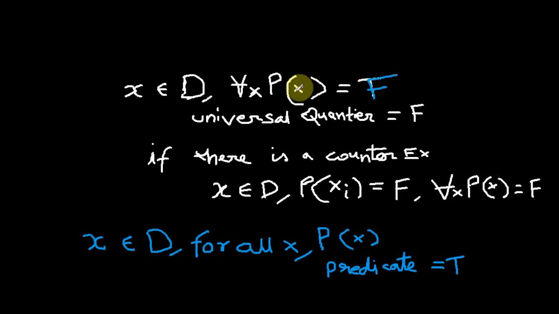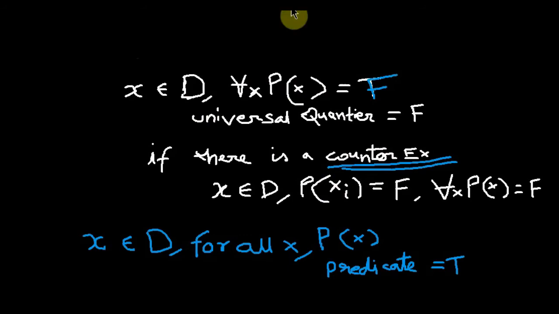Right now this is true, but it can become false if one value P of xi is false. So if I get at least one counterexample, then I can say that it is false.